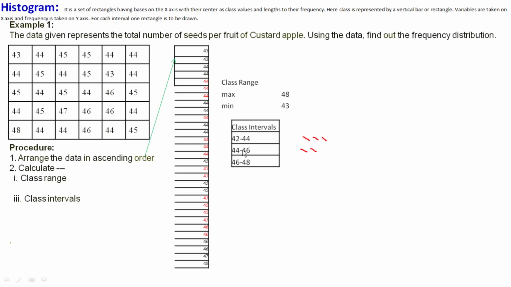Sometimes discontinuous class intervals may be there. Sometimes it may be 46 to 48, and later on directly something else, especially in the sectors of economics, commerce or accountancy, where the data may be randomized and have bigger gaps between class intervals.